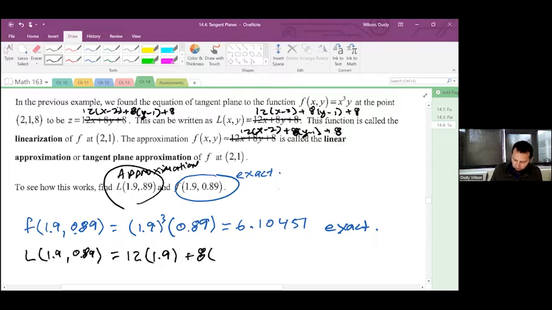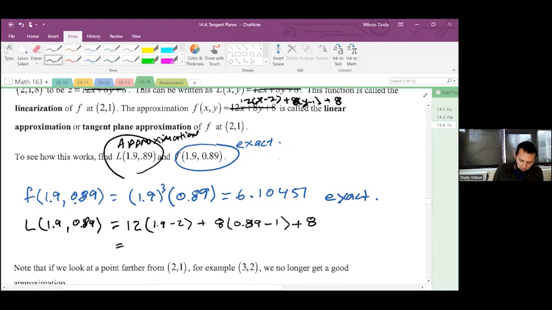All right, so that means we can come back, and we want to find 12 times x, which is 1.9 minus 2, plus 8 times 0.89 minus 1, plus 8.